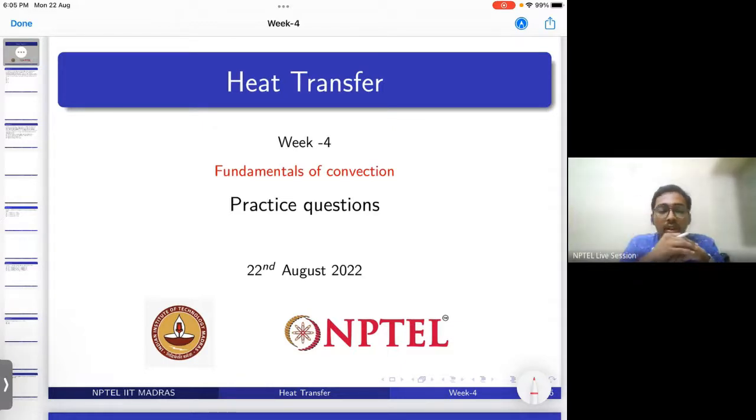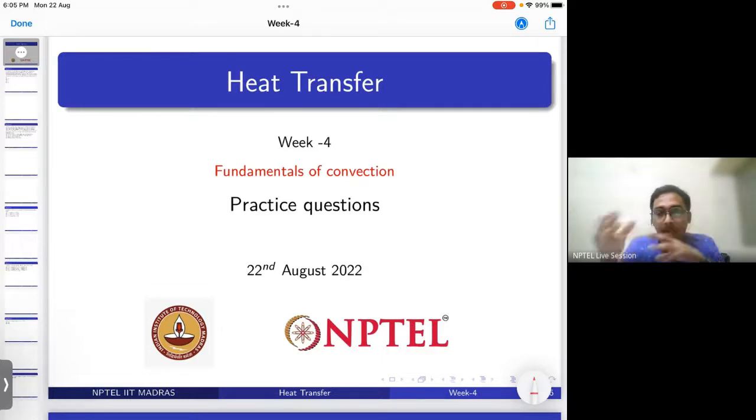Then the equation of state for non-isothermal systems was derived, where we take an elemental volume dx, dy, and dz, and write the energy balance equation to find the energy equation for that system.